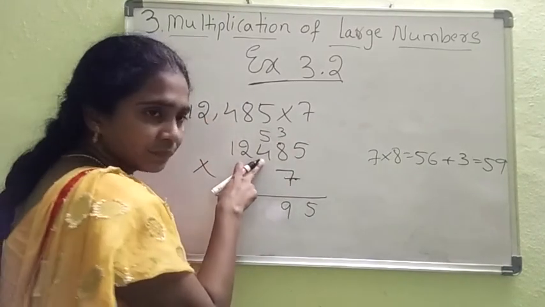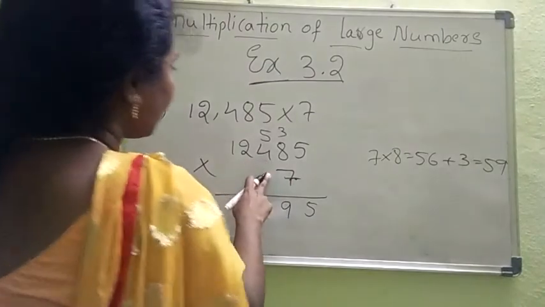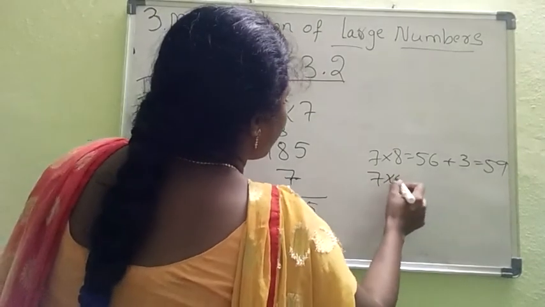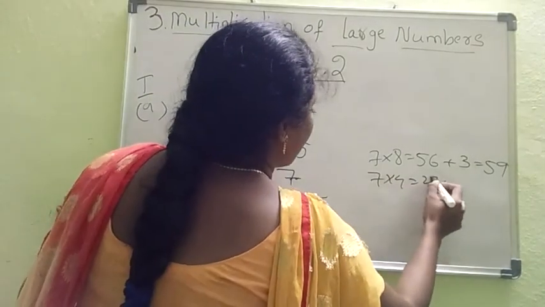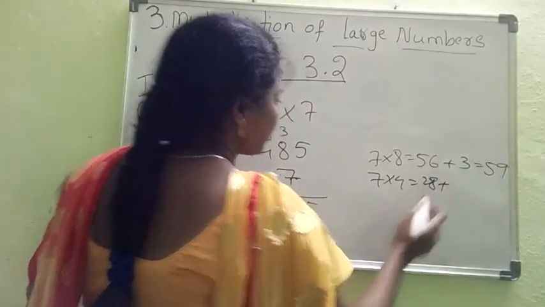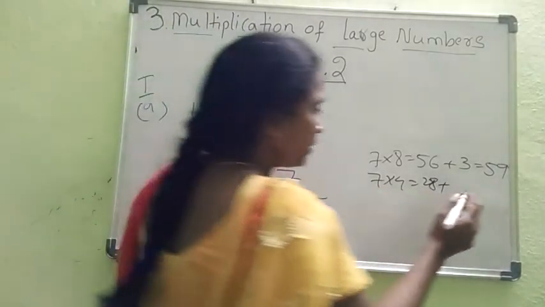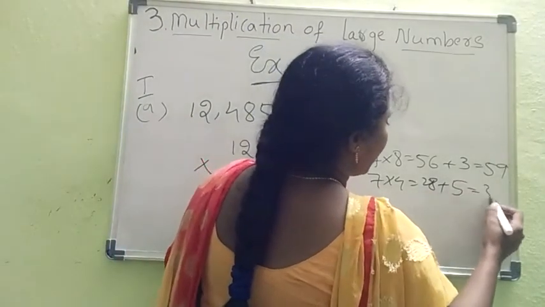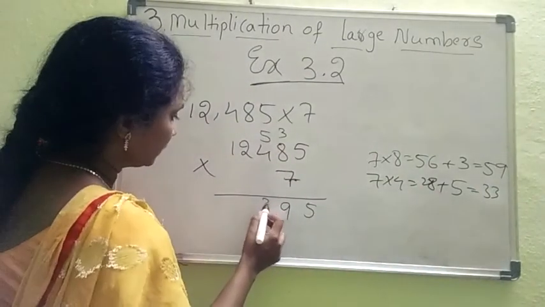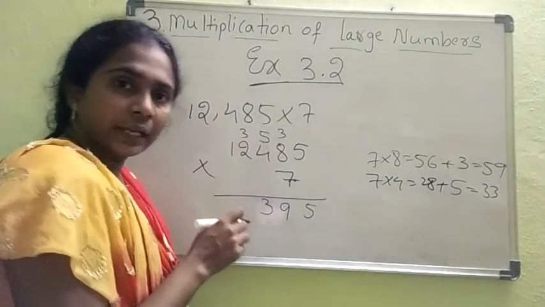7 4s are 28, right? Next, plus how much carry here we have? That is 5. 33. Again 3 here, 3 should be the carry forward.